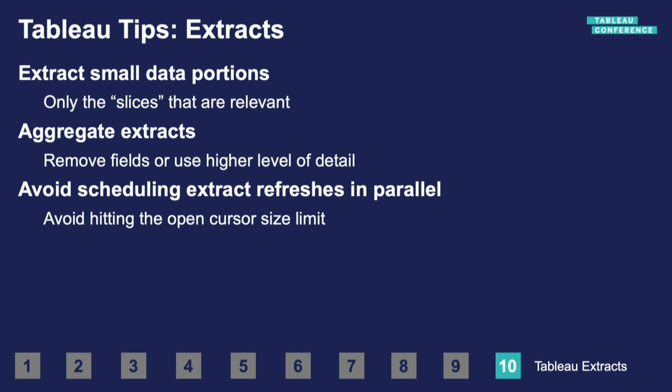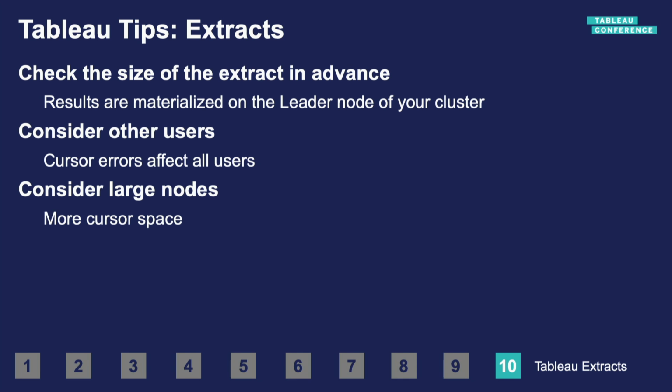Another way to avoid cursor errors is with your extract creation. You don't want too many extracts running at the same time, because you may run into that limit, and it may be just a matter of scheduling the extracts in a different way. Now, I have a series of points about extracts here, just because they become practical, but this is not Redshift specific. This is just good extract citizenship.